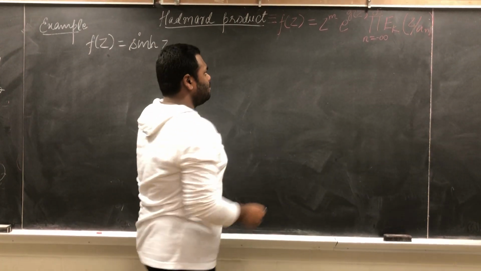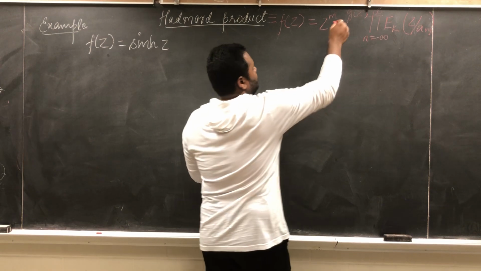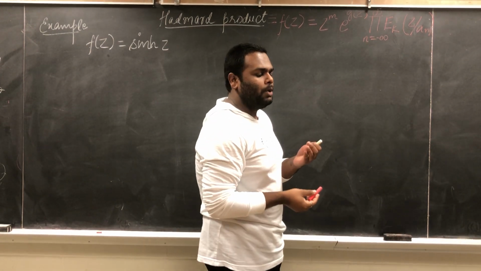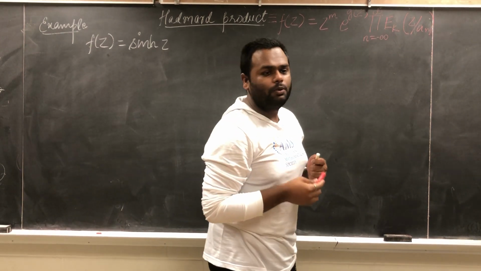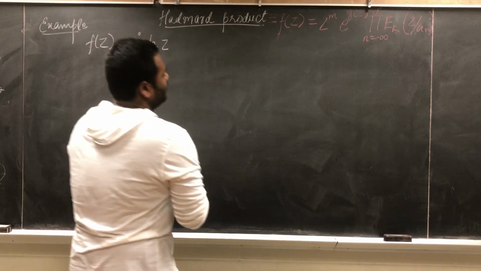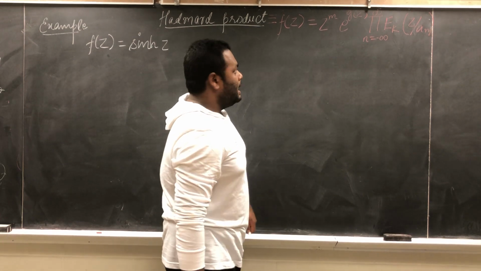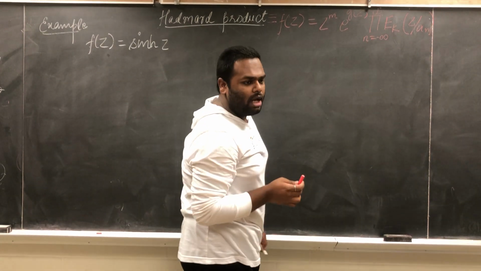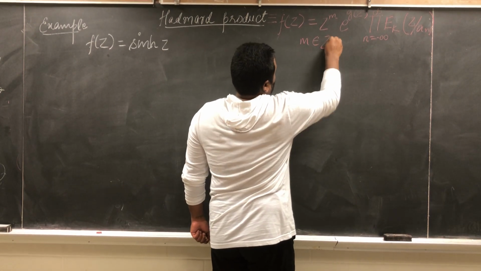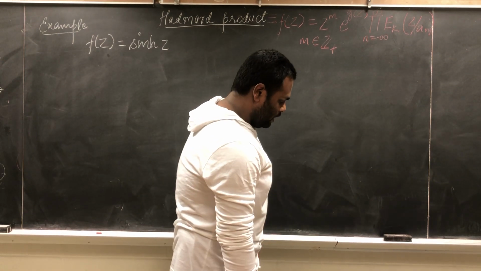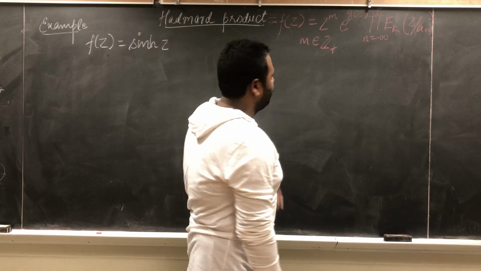Okay, so this thing is related to zero roots. This thing is related to the exponential terms, and this thing is related to non-zero roots. Now let me say what is m, what is g, and what is k. So m is a positive integer which shows how many zero roots are present for a function.